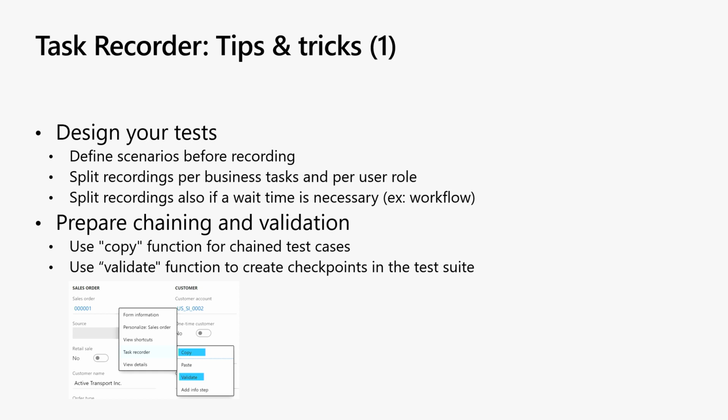You can add a third recording, which aims only to check that your sales order status after the confirmation is confirmed. At that moment, when you run your test suite, if your status is not the right one, the test will fail, and you will know exactly why it fails. Okay? This is what this validation feature is intended for.